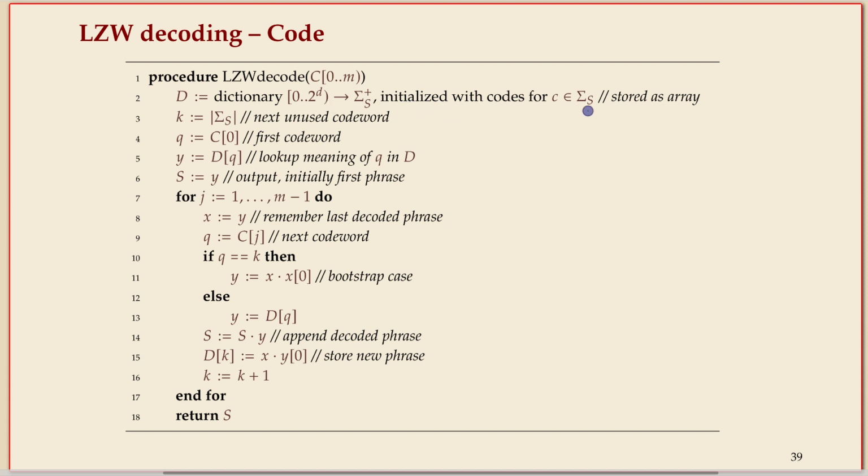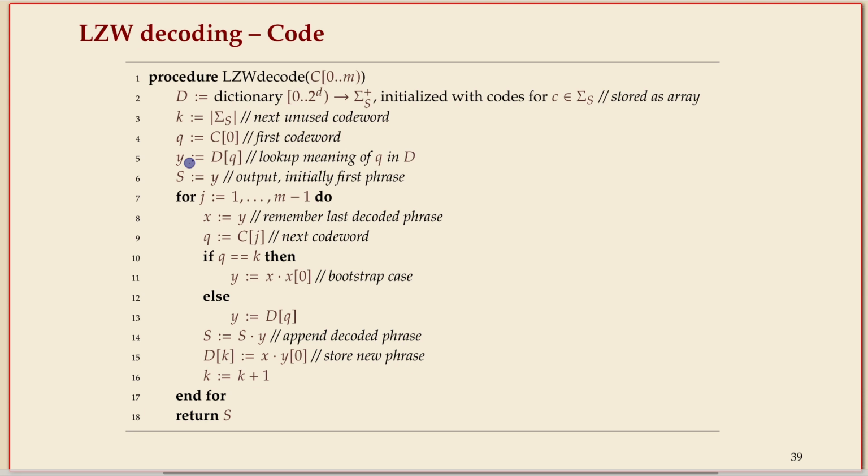And we initialize the first section with all the single characters in the alphabet. Then we have, as before, a variable for the next free code word. As a shorthand, we cache the next code word to decode. And Y is this phrase that we're now decoding.